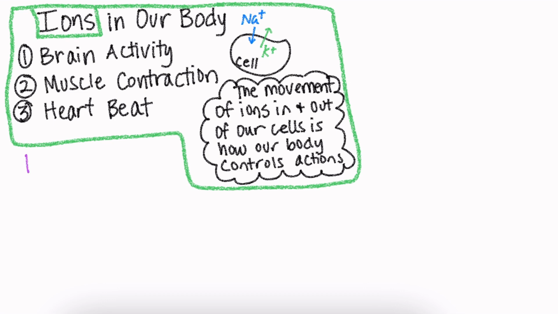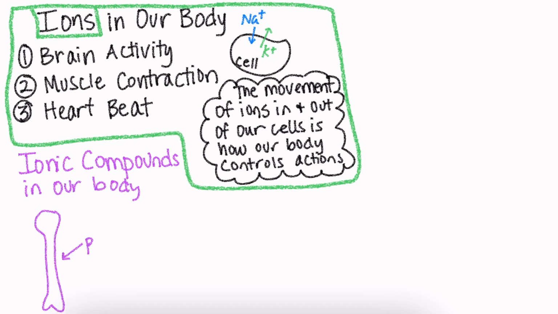There are a couple of occasions where ions can form solid ionic compounds, like salt, in our body. Your bones are made up of a solid ionic compound called calcium phosphate. I'll write that out for you. Calcium phosphate.